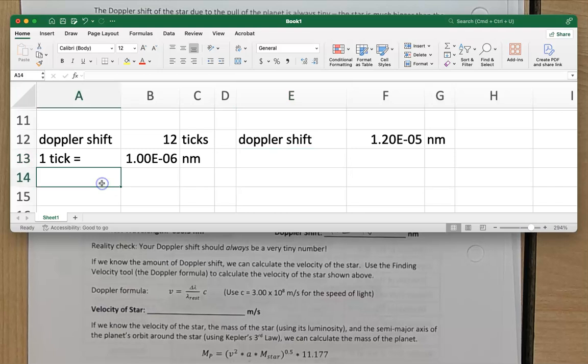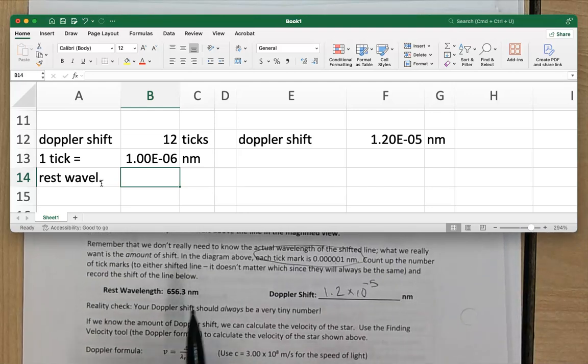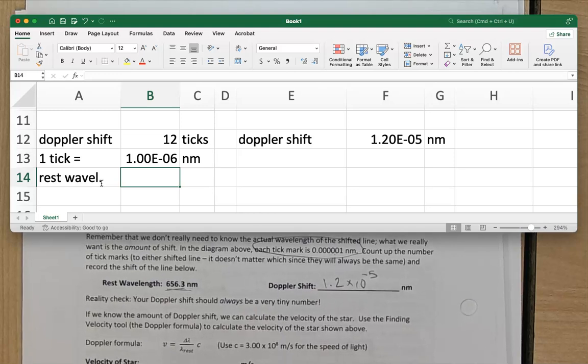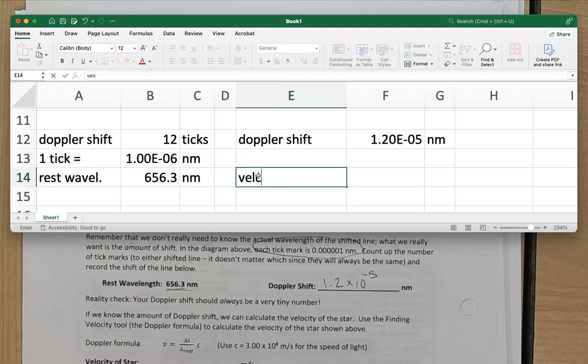Well, the rest wavelength of this line is, we're using that hydrogen absorption line with a rest wavelength of 656.3 nanometers. Okay. So now we've got everything we need to calculate the velocity.